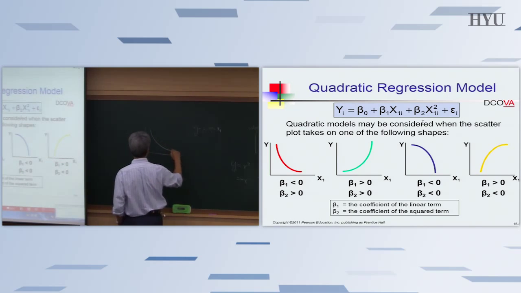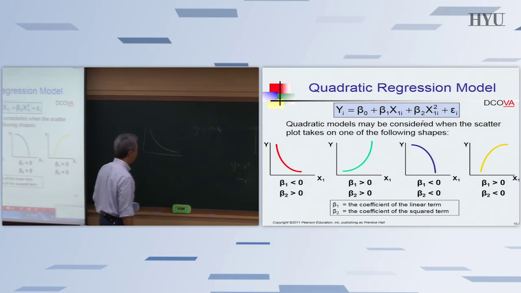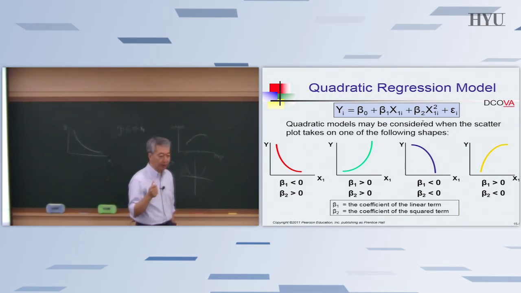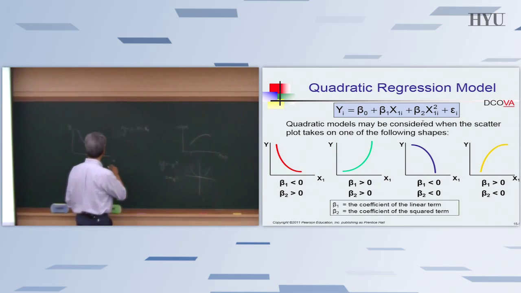If you have this kind of relationship, overall there is a downward sloping relationship between y and x1, but that slope is not constant. Initially the slope is very steep, but that slope becomes flatter and flatter. In other words, the size of the slope changes.